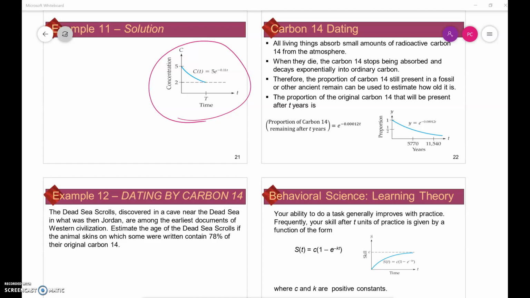The proportion of the original carbon-14 that will be present after T years is given by this formula right here.